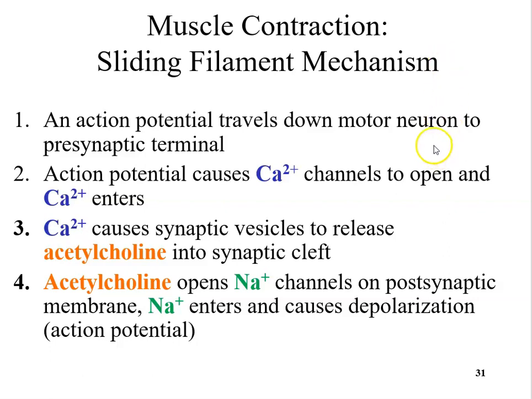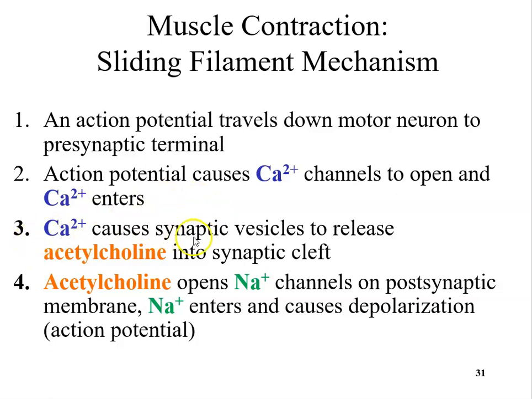So first, we'll see an action potential traveling down the axon of the motor neuron all the way to the presynaptic terminal, like we just talked about. This causes those voltage-gated calcium channels to open up and calcium ions enter, like we just talked about, the conductor.